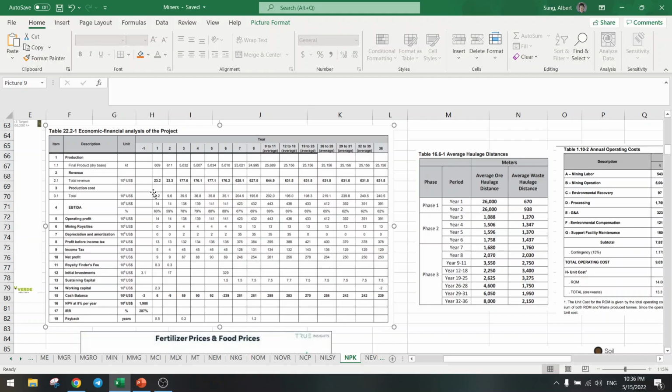Now the costs, you can see them here, 10 million in operating costs. So these are the operating costs, production costs, 10 million. So if you divide this 10 million by 600,000, then you have the operating cost per ton, right? The same here.